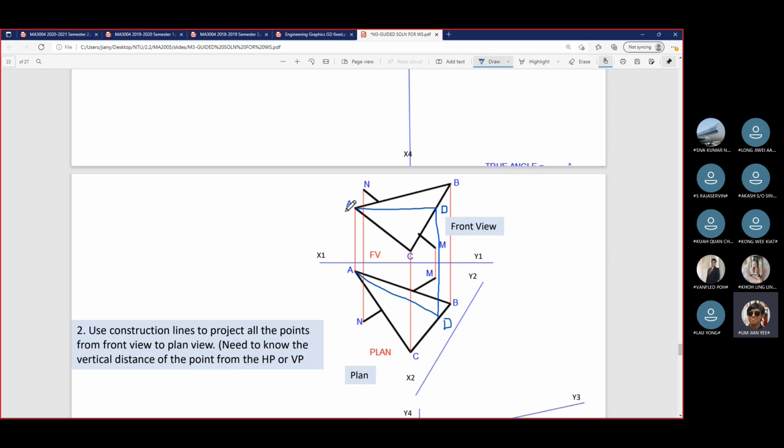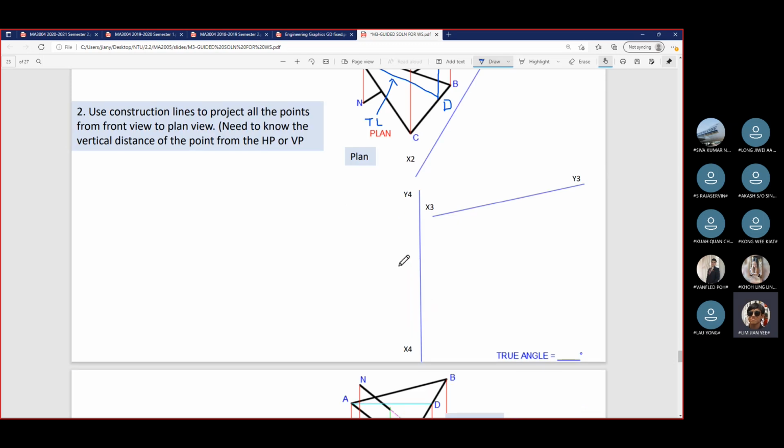So AD is parallel to X1, X2. AD becomes true length. Wow, amazing. Yeah, AD is true length.